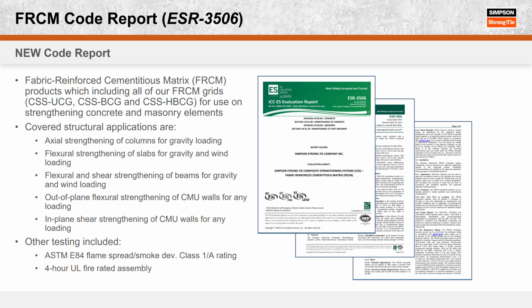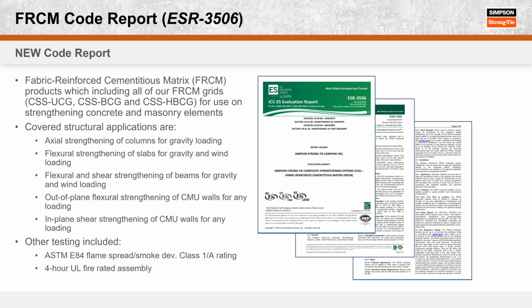It has certain structural applications included in it, not very many seismic applications. This is the same list of structural applications we originally had in our FRP code report until we added all of our seismic to that.